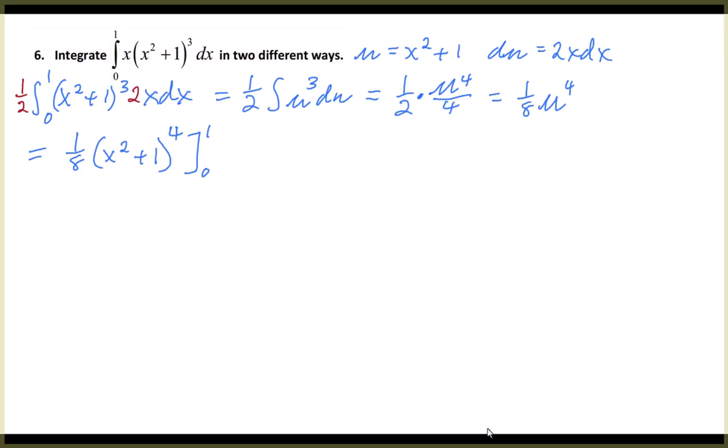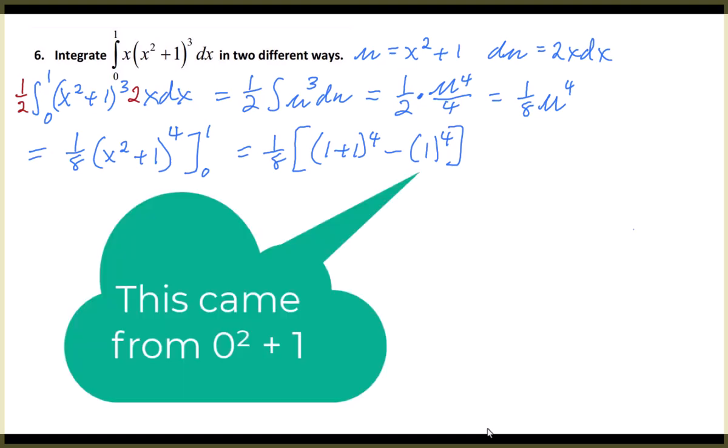All right, so now what am I going to do? Plug in 0. Start plugging stuff in. So I plug in my 1s first. So I've got 1 squared plus 1 to the 4th minus 1. Which is 1. Well, notice where I got the 1.